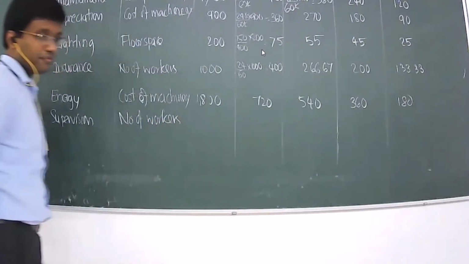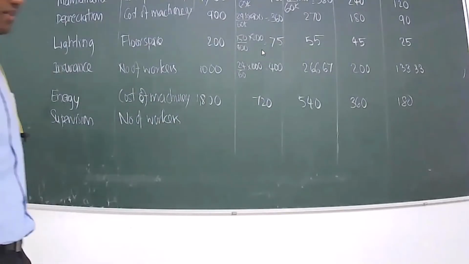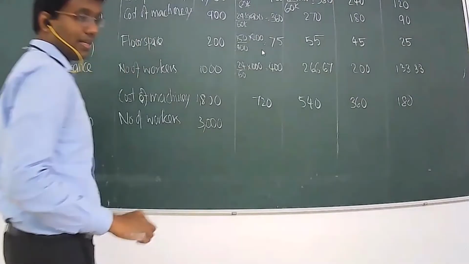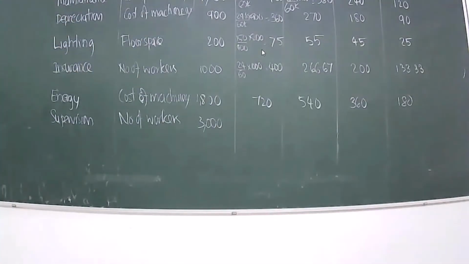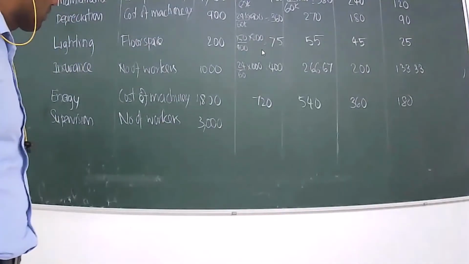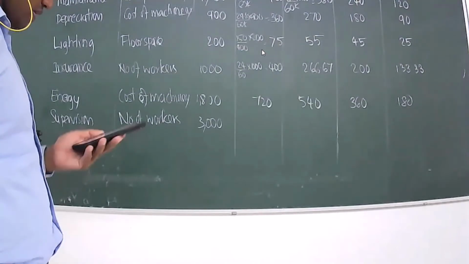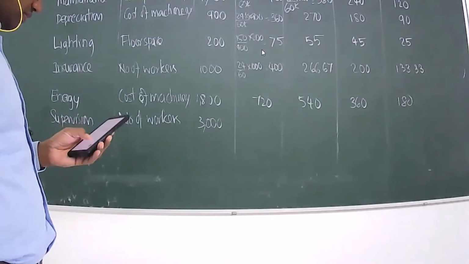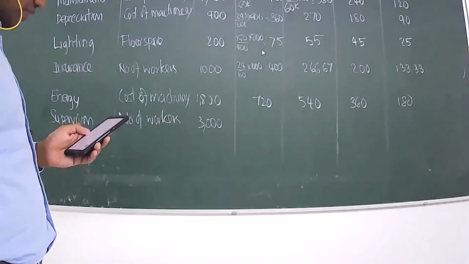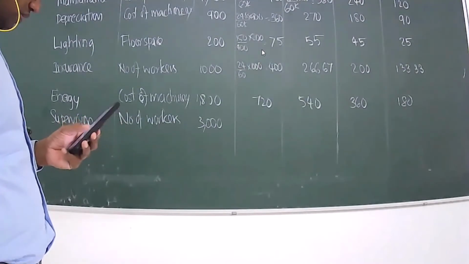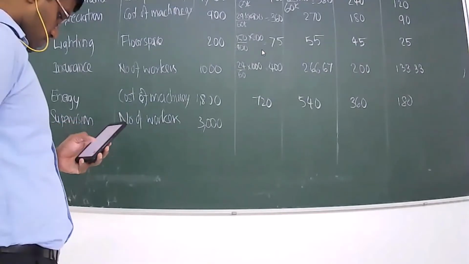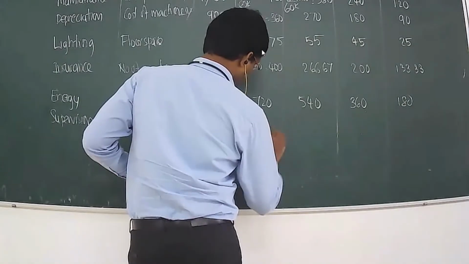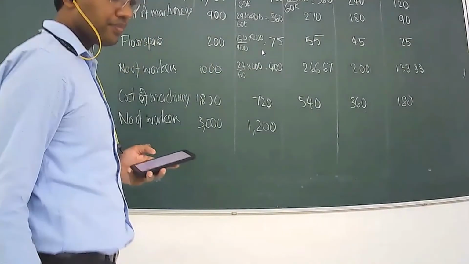I would be happy if someone can quickly calculate and then give me the answers. Number of workers. Here it will be 1200.